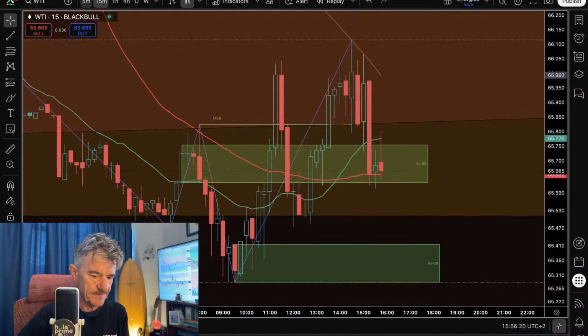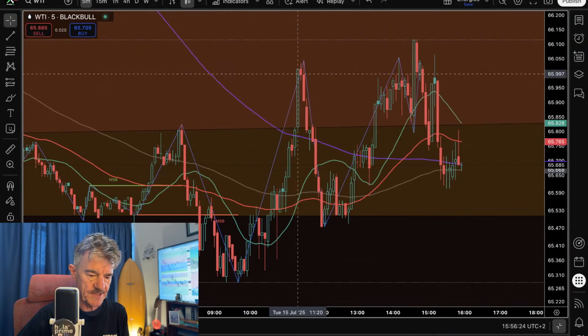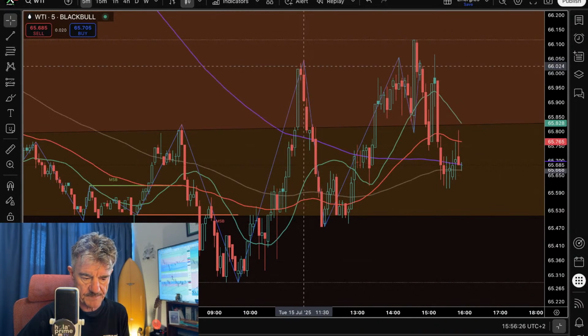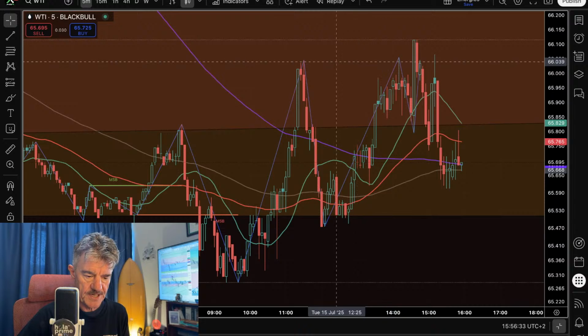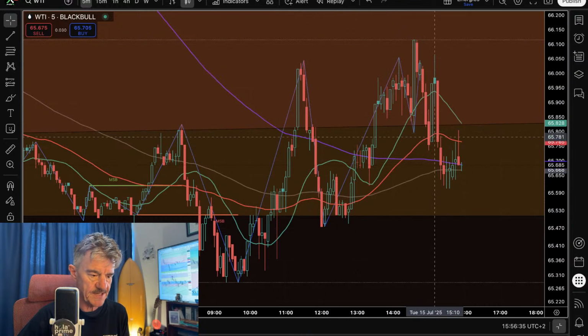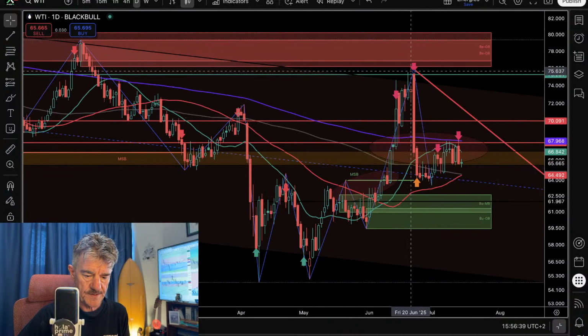Let's go to the 5-minute. So there's that rush up into the 200 on the day chart, that peak there. And then this one, last night, just went a wee bit higher, poking up through that high, and then collapsing down again. And we got short right at the top there.